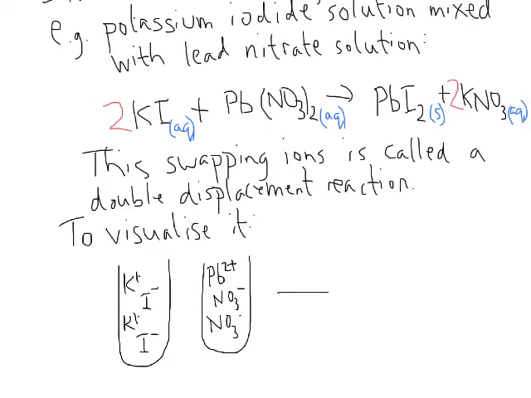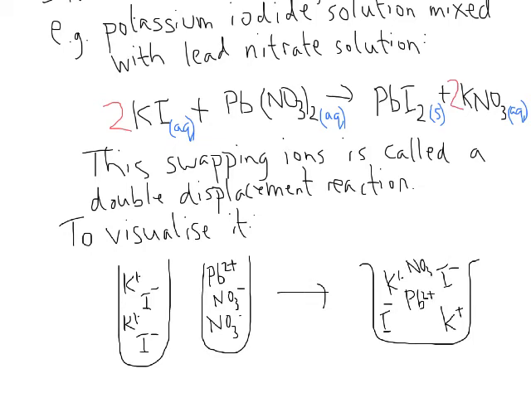When they react together, say it reacts into a big beaker, I'm still going to have the K pluses floating around and the I minuses, and then the lead and the NO3 minuses, they're all going to be floating around, a bit like at a disco. Everybody's dancing at a disco. But then something very interesting happens.